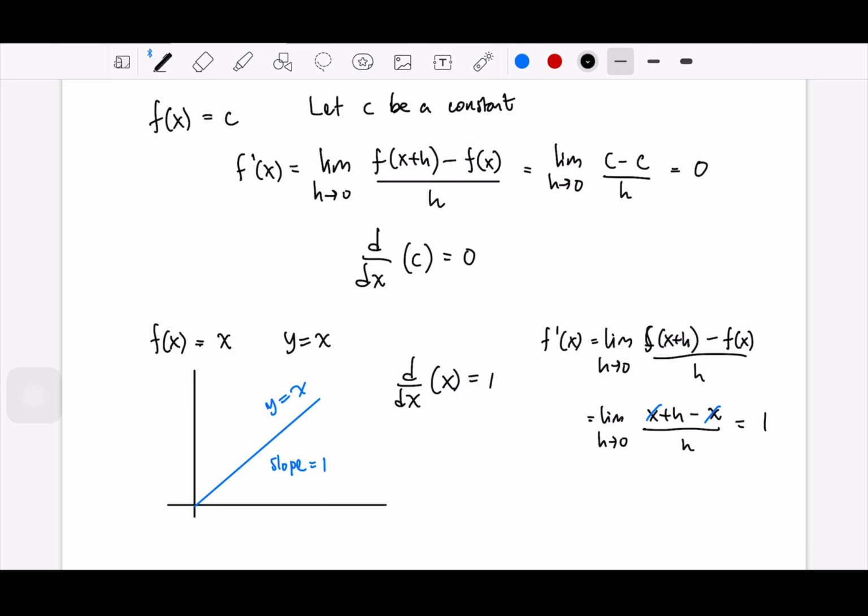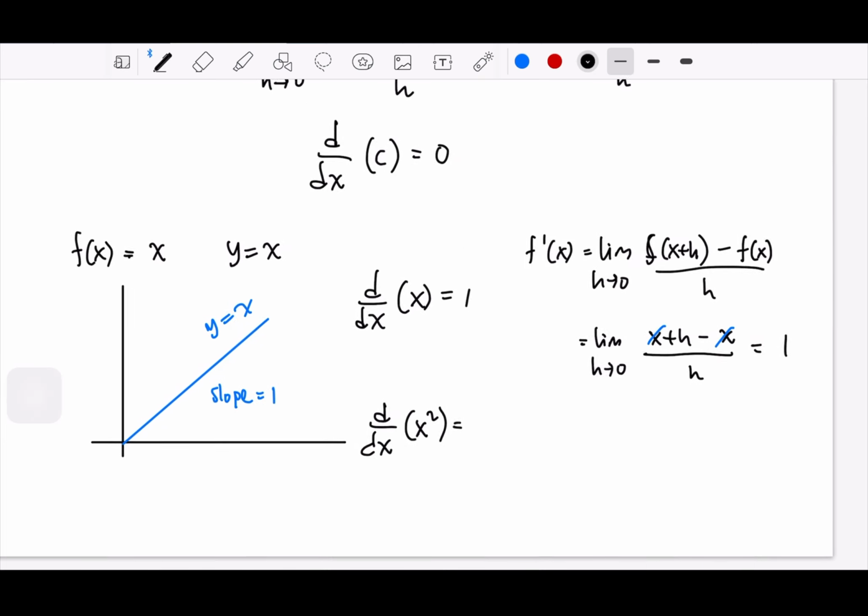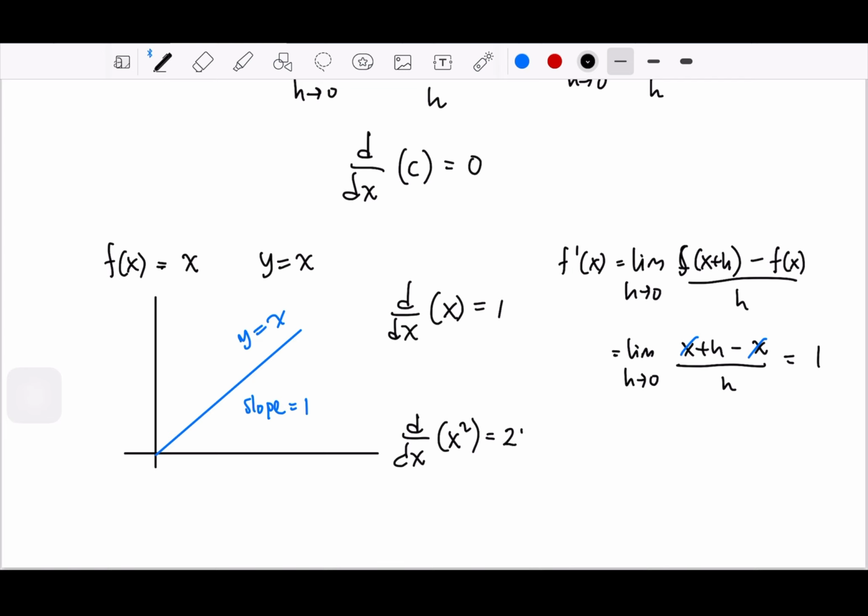And then in the same way, we take x with power of 2, x with power of 3. When we take x squared and differentiate, it turns out to be 2x using the same limit equations. And then for x to the power of 4, we do the same way, as for x cubed.